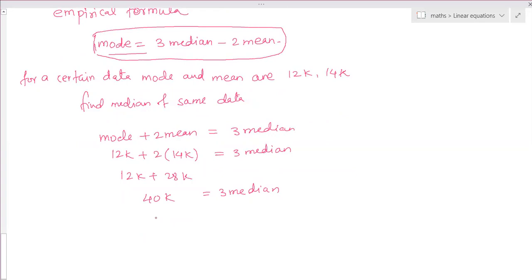Then 40K by 3 is equal to median. So that is 13.33K, the value of median. Okay.